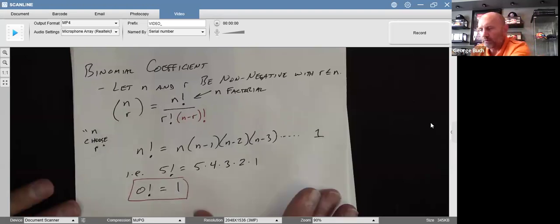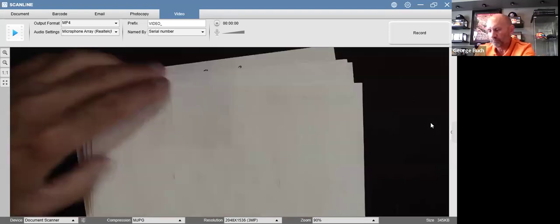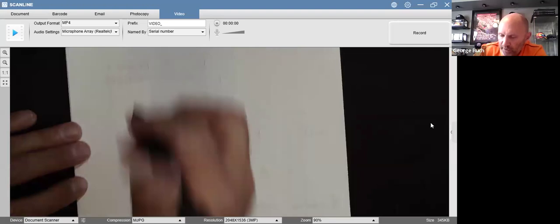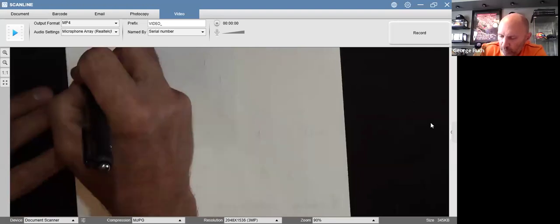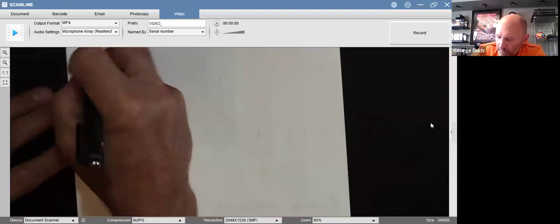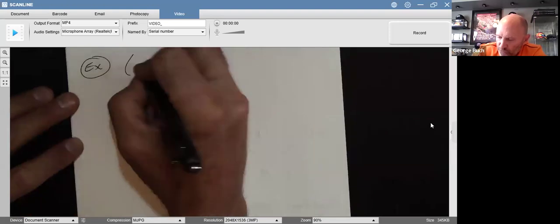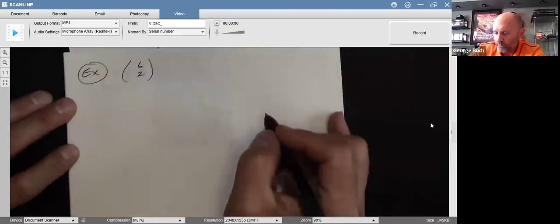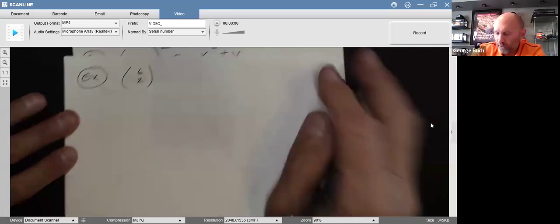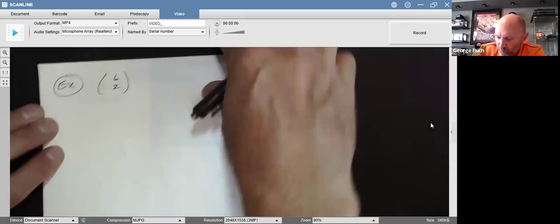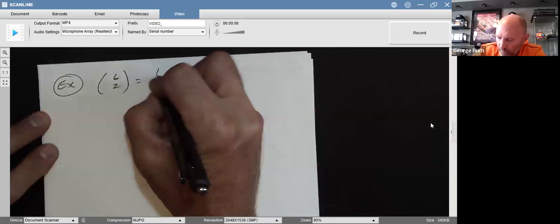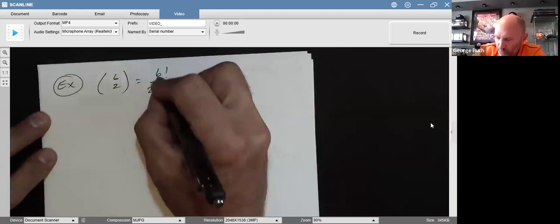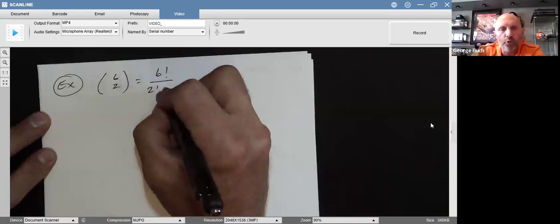If I calculate a couple of binomial coefficients, let's say I have, as an example, let's do 6 choose 2. So 6 choose 2 means what? 6 factorial over 2 factorial, and then 6 minus 2 is 4 factorial.